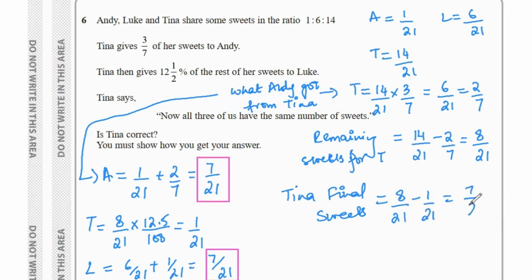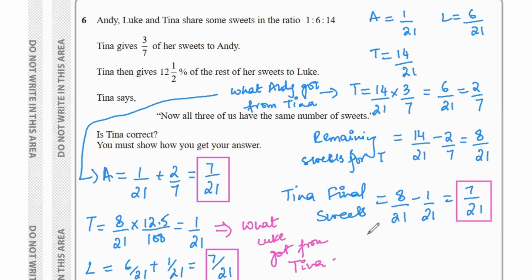That is 7 over 21. As you can see, all three have the exact same fraction for sweets. Tina 7 over 21, Andy 7 over 21, and Luke also 7 over 21. Let me just highlight this over here. This is what Luke got from Tina.